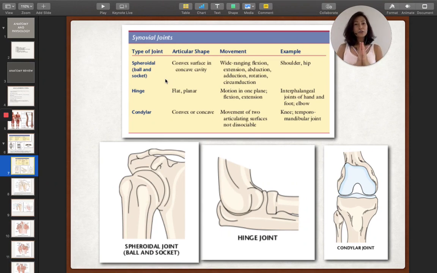So if you move it to the wrong side, it's of course cracked, and you don't want that to happen, right? So the motion of the hinge joint is allowed in one plane only, and it only offers flexion and extension movements.